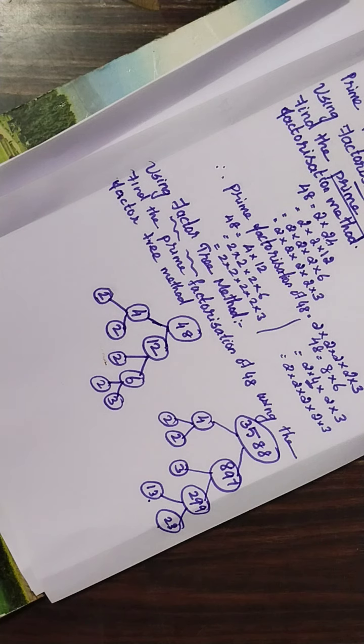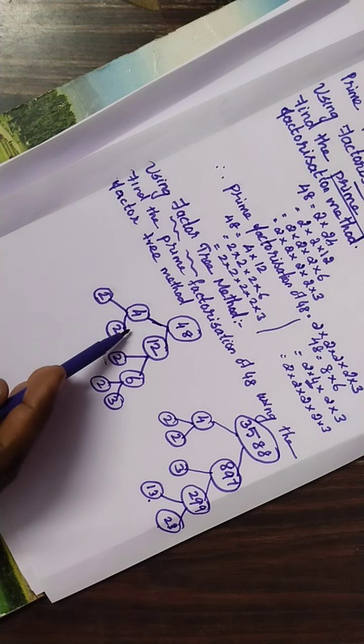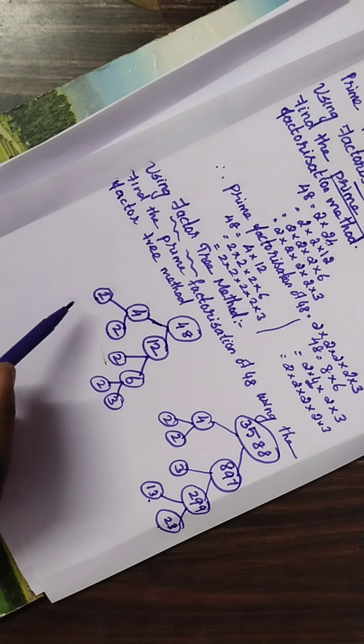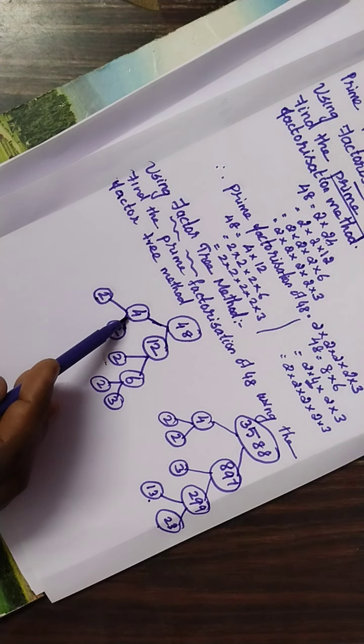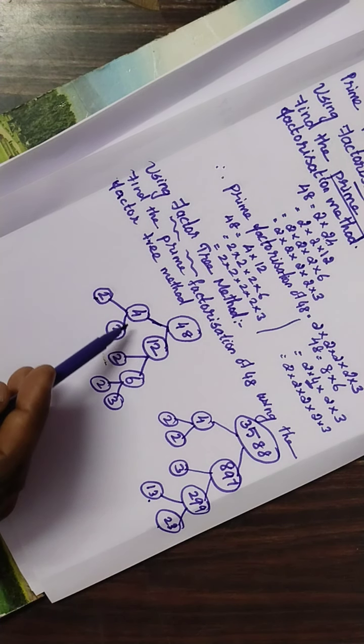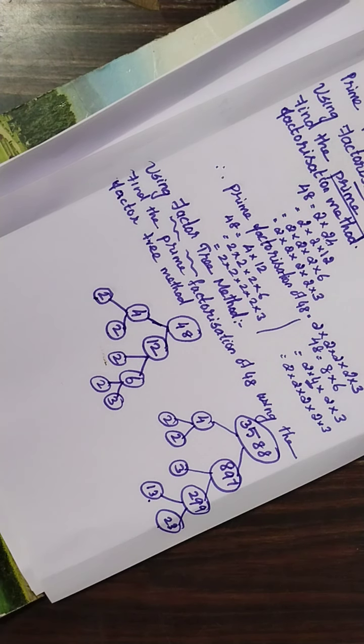If a composite factor branches out into 2 more factors, and suppose that is composite, it is further broken down. Suppose this one is a prime factor, that is enough. Here this is a composite factor, so you break it down into 2 factors. Up to the last, the answer is 2 into 2 into 2 into 2 into 3.